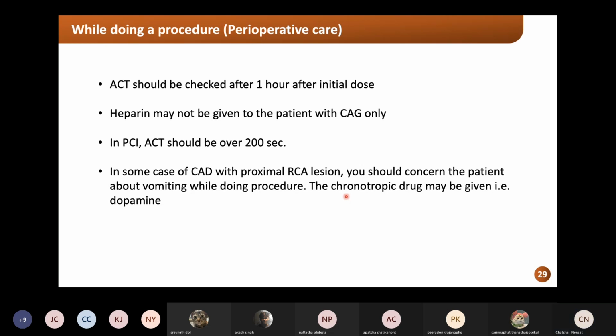The activated clotting time should be over 200 seconds prior to performing the PCI, percutaneous coronary intervention. If the ACT is below 200 seconds, you might consider giving the heparin again, but at half the initial dose.